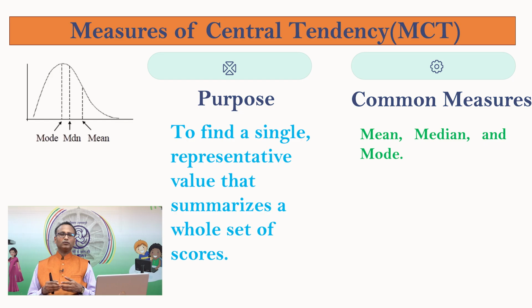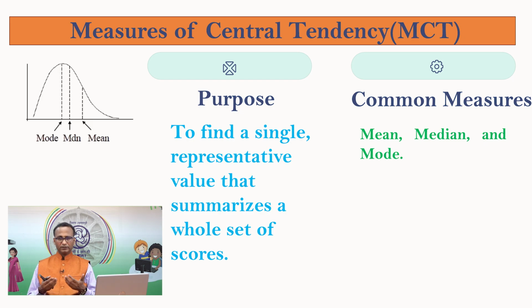Now you want to describe the students' achievement. How can you describe it in a single term? The best way is to use a central tendency. The central tendency will give a representative value that summarizes the group performance, which is very useful for a researcher or for a reader.